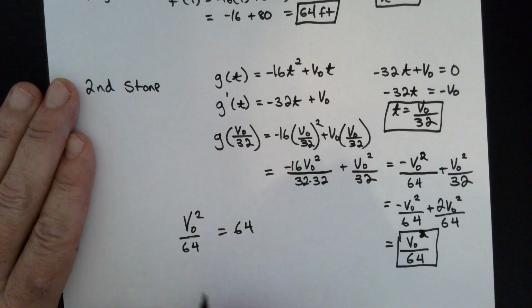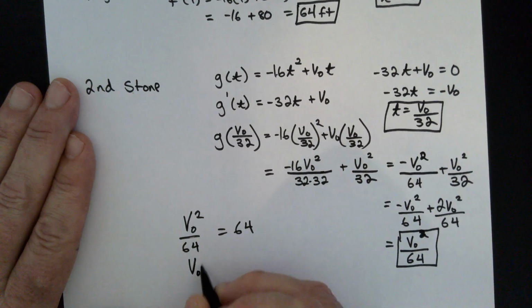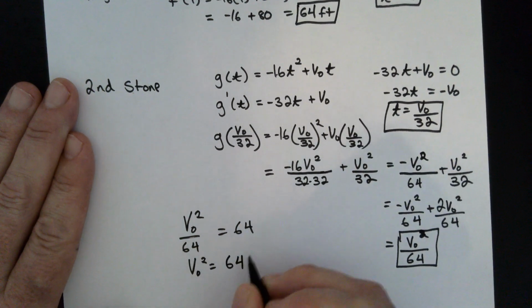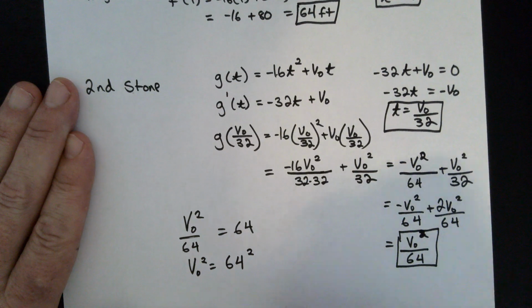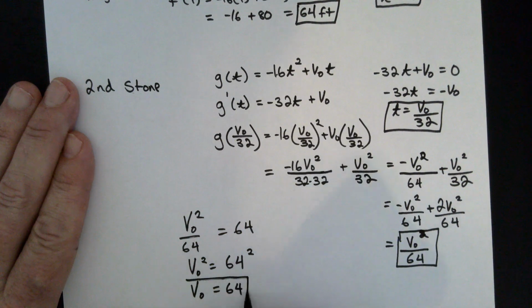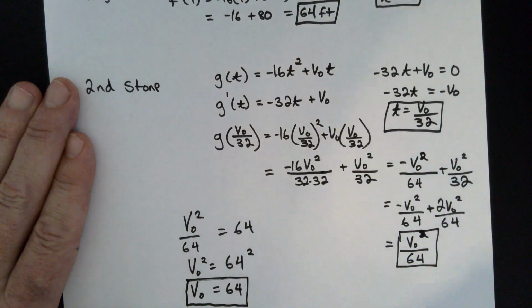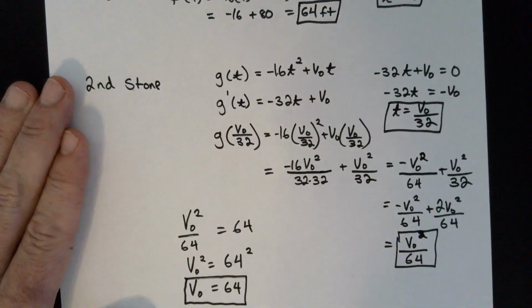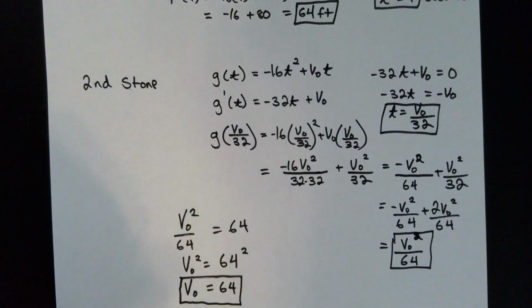We multiply through, and we get v naught squared equals 64 squared. We square root both sides, and we get v naught equals 64. That is the value of v naught that makes the maximum heights of the first stone and the second stone both 64. And that's it.